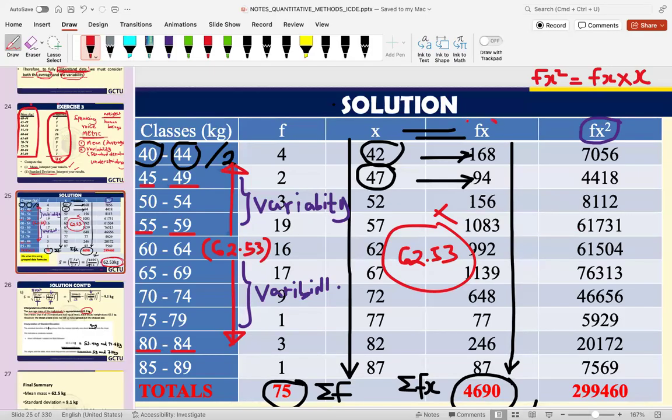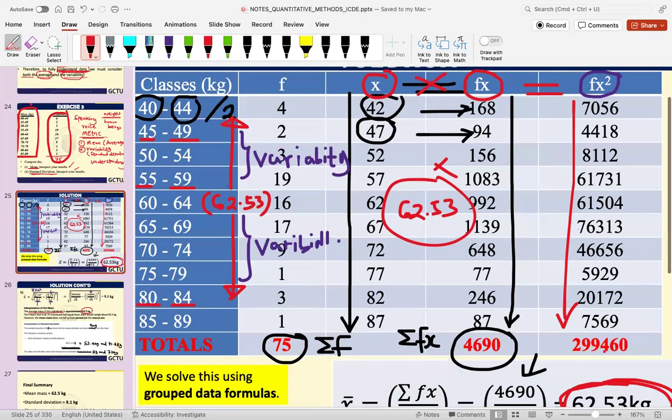So I picked this fx, like I've written here. I picked this x, and then I multiplied the two, fx by x, and that one gave me the fx squared. So I did it for all of them, and then I had the total to be 299,460.